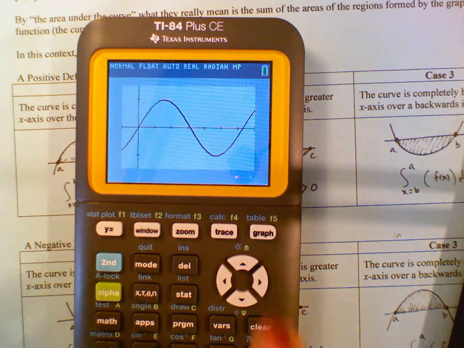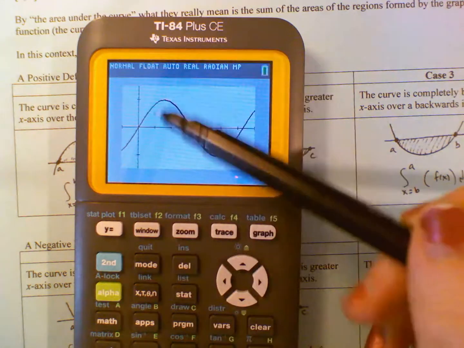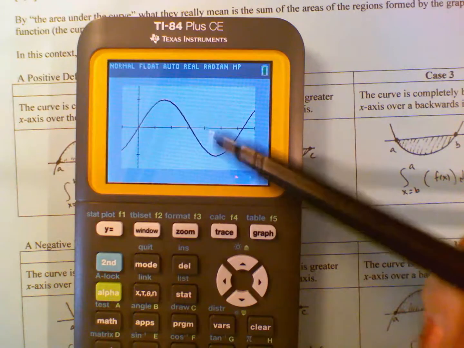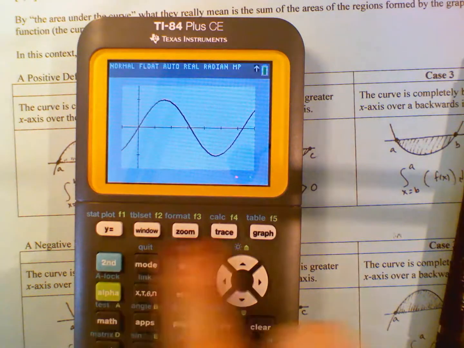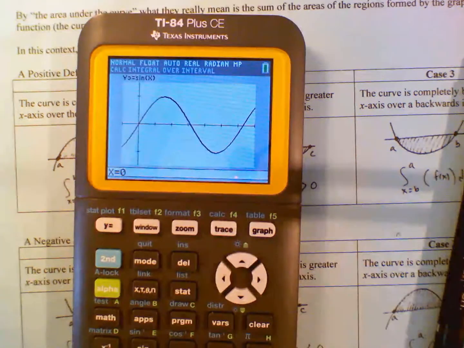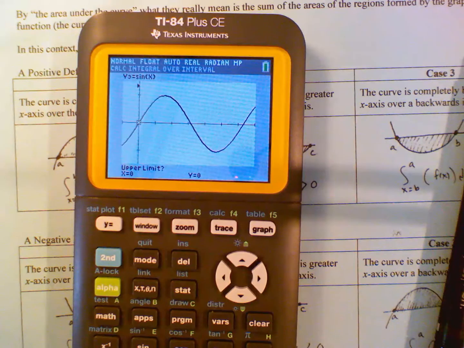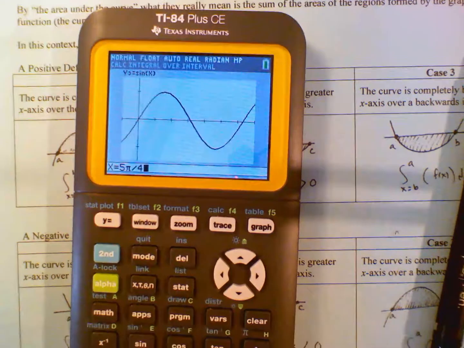So I'll do the area under the curve from 0 to, I want to go past pi. So I'm going to have some positive area and some negative area. So I'll do 7. All right, so I'll go 0 lower limit, and then past pi, maybe 5 pi over 4 or something. So upper limit 5 pi over 4.